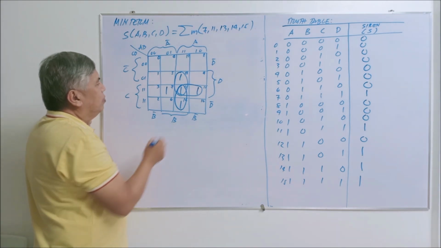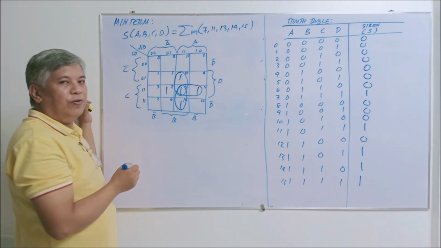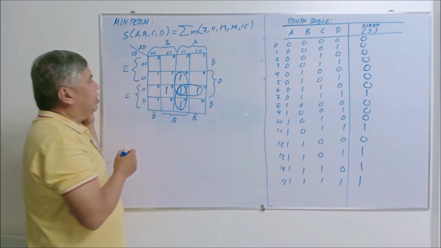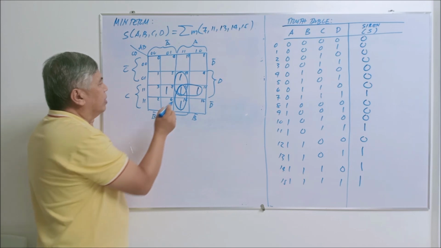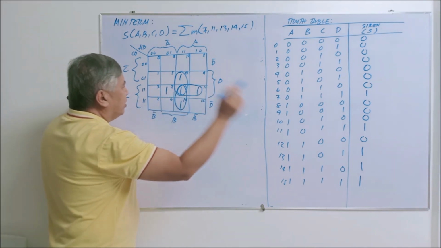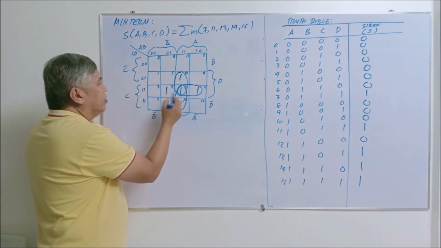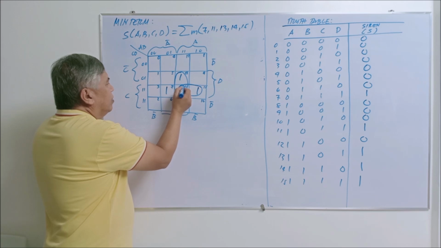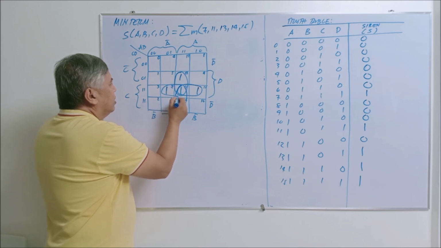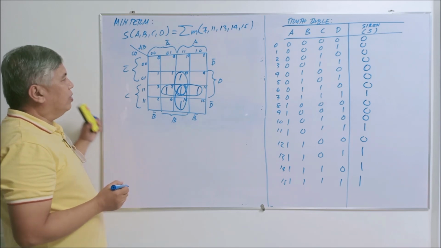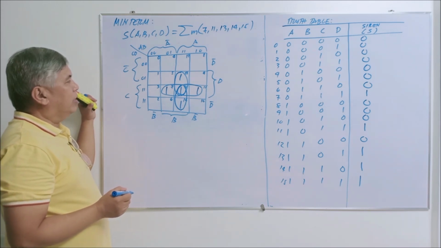So we make use of 15 to group 14. And then we have 7, still adjacent to 15. For as long as the cells that you are going to group to another cell are not yet grouped, then we can make use of this cell 15 for another grouping. Okay? That is how we group our cells.